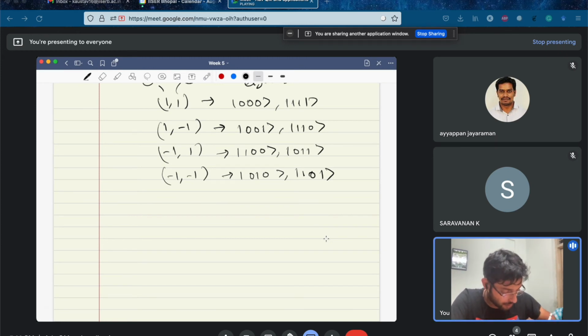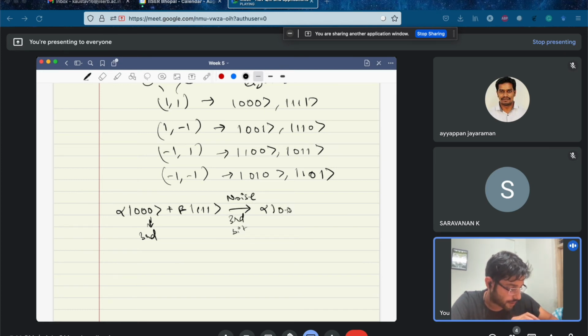Now let's say you had your initial state in the form as we have seen previously, and the noise flips one of the bits. Let's say it flips the third bit, so the noise is acting on the third bit. So what you essentially get is alpha 0 0 1 plus beta 1 1 0.